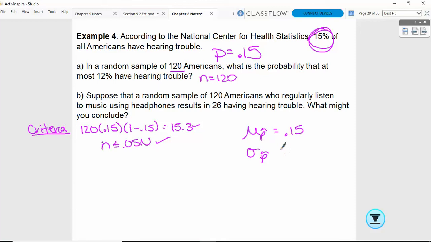My mean would be what? Standard deviation, square root of p times 1 minus p over n.